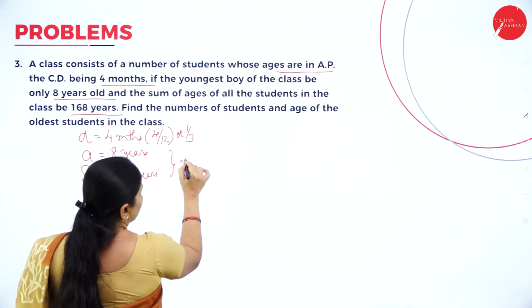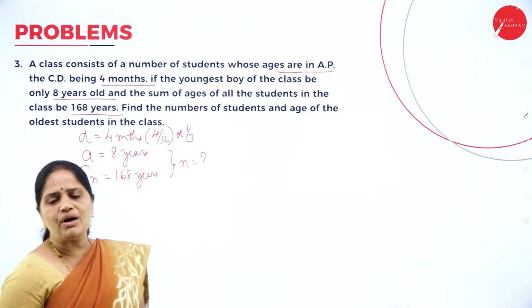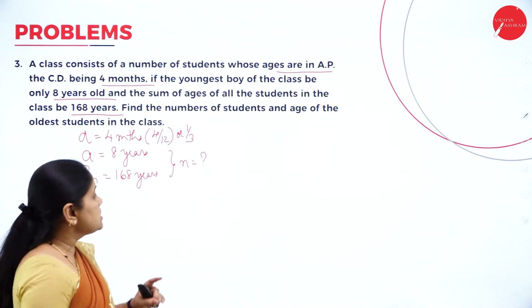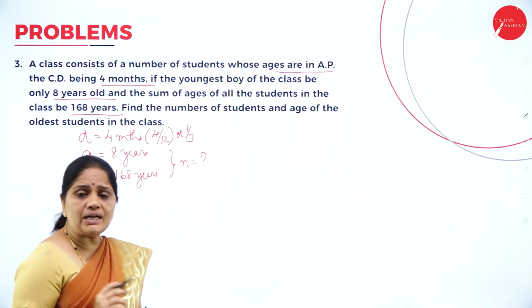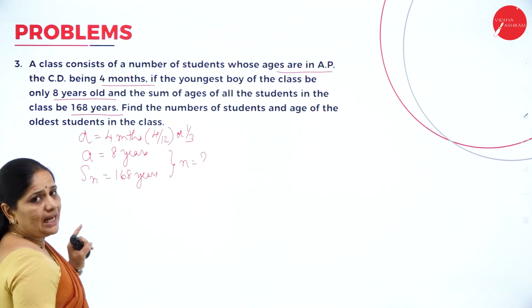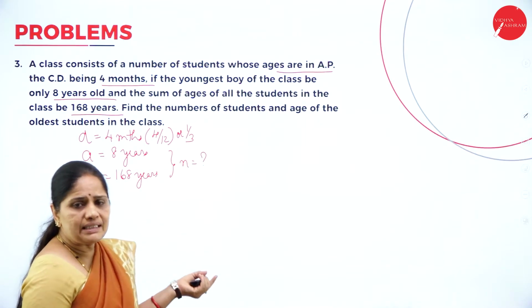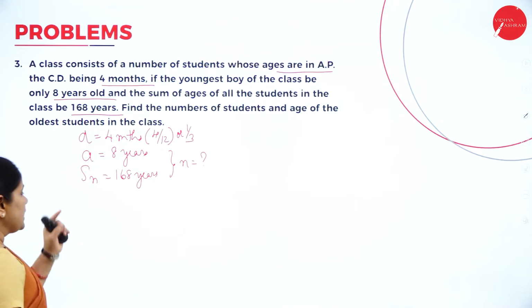Now we have to find out what is n. What is the number of boys in the class, and also what is the age of the oldest boy of the class. Now we have this formula here.